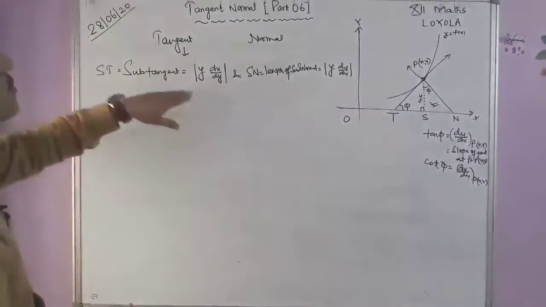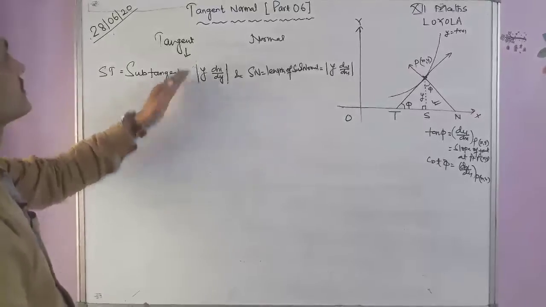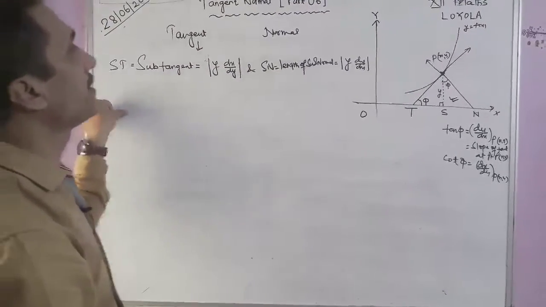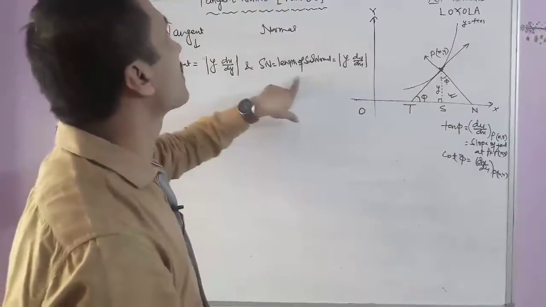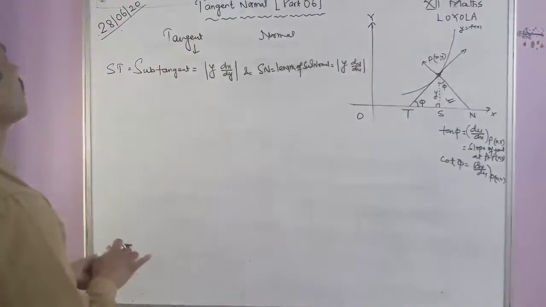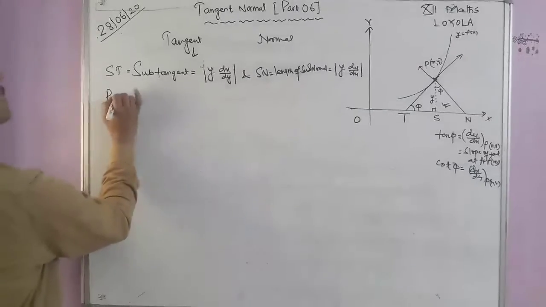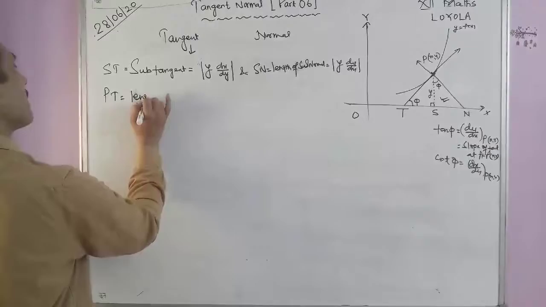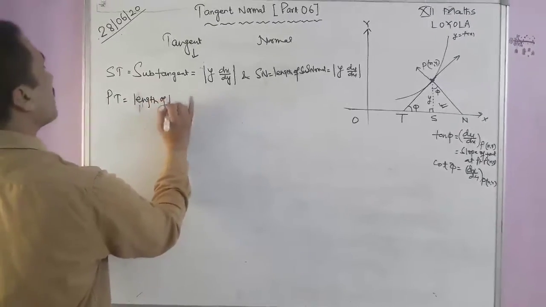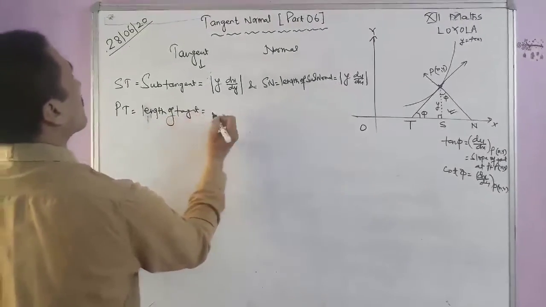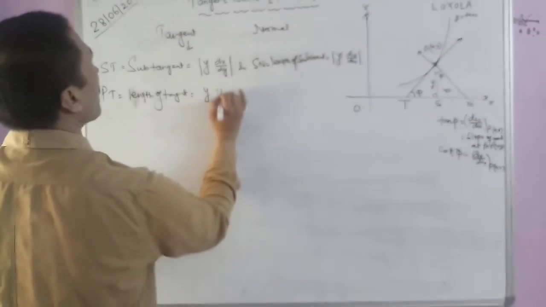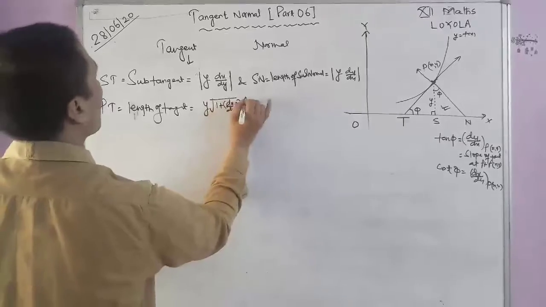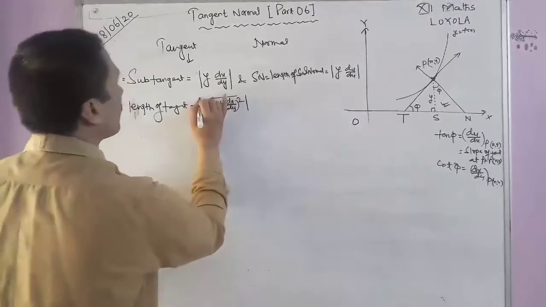We use dx by dy in subtangent and length of tangent, and dy by dx in subnormal and length of normal. Similarly, PT, the length of tangent, is y under root 1 plus dx by dy whole square, taking mod here.